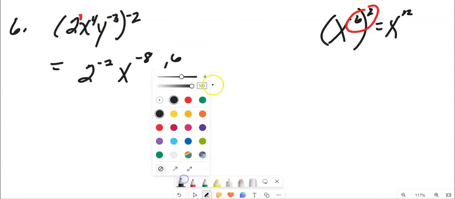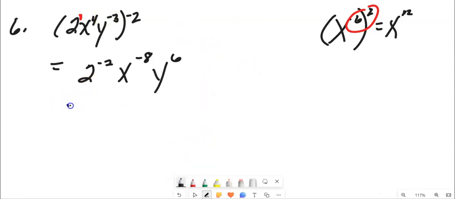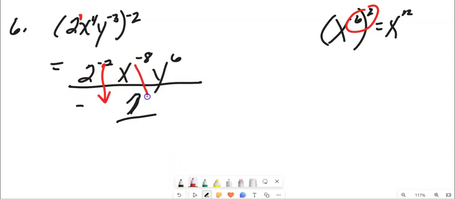All right, now I'm going to rewrite this, making sure that all the negative exponents are expressed on the bottom. So let me just go ahead and draw a line so you understand this is expressed over 1. We're going to move this one down and we're going to move this one down, but this will remain up in the numerator.